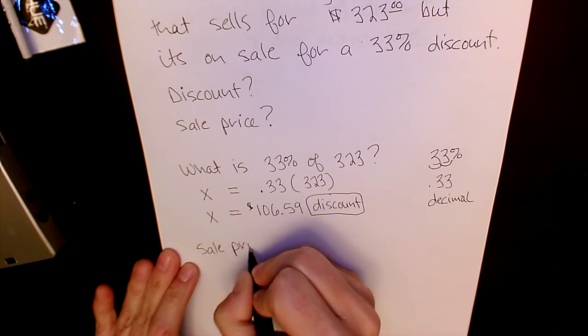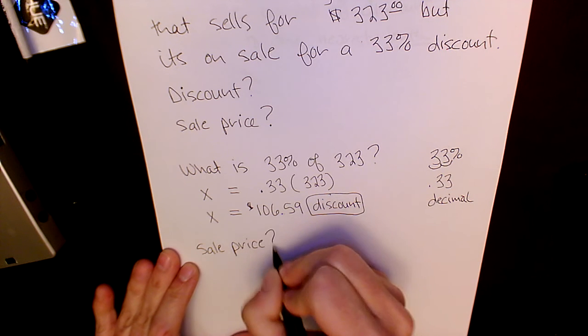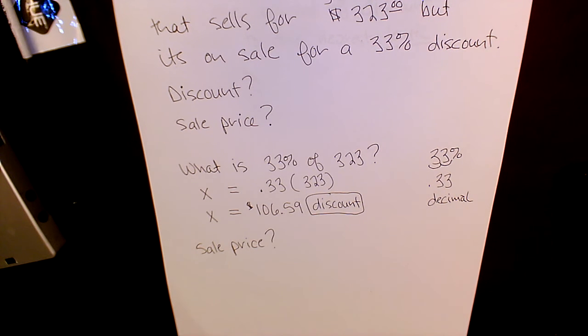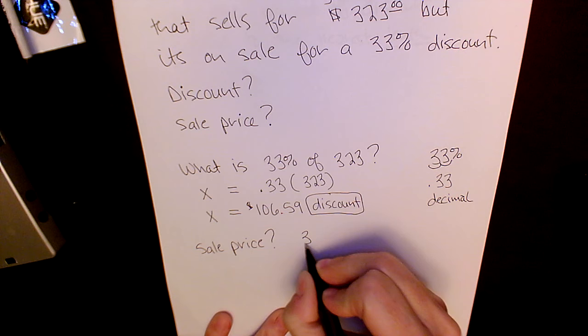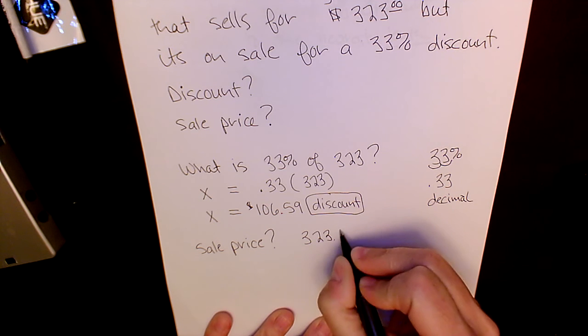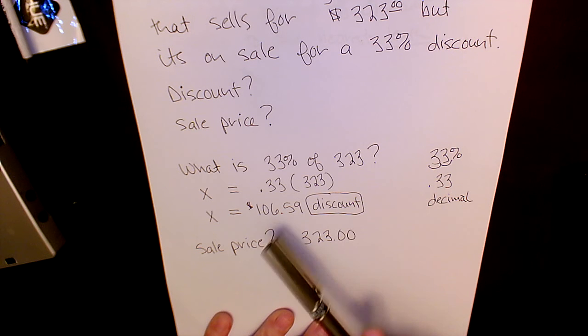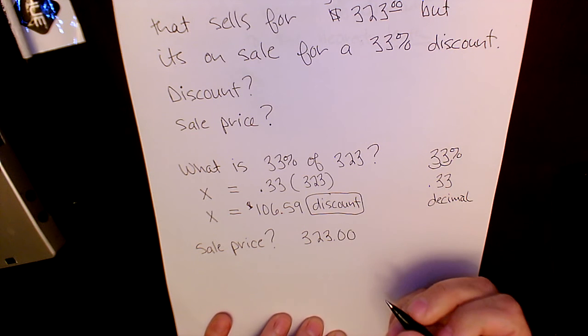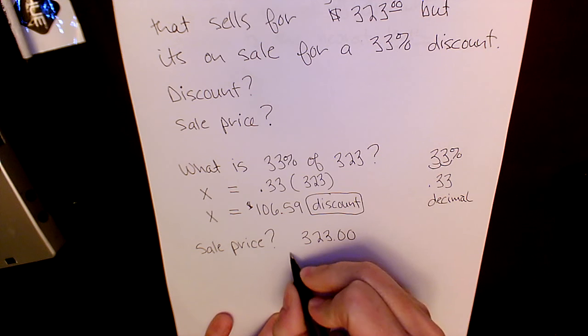So if this is how much they're taking off, how much am I going to pay for the camera? What operation in math can I do if I know the camera is 323 and I know the discount is 106.59?